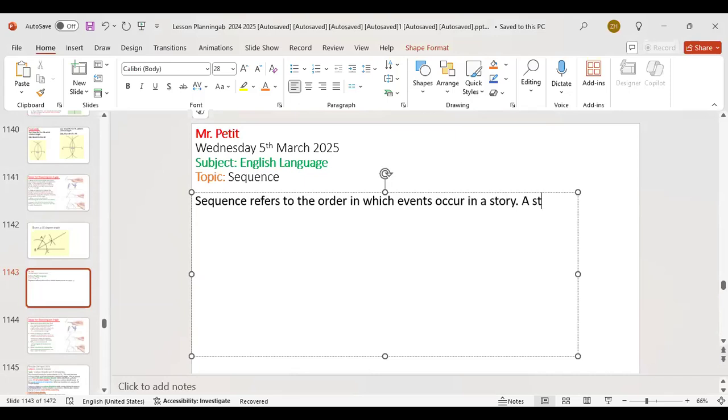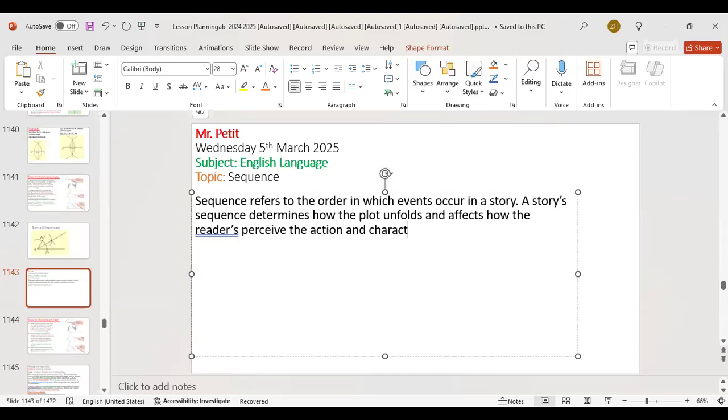A story sequence determines how the plot unfolds, and affects how the readers perceive the action and characters.